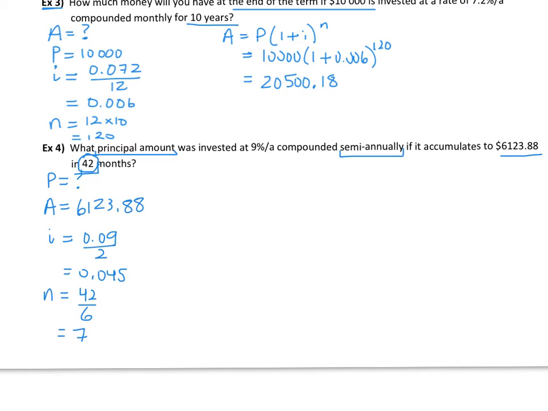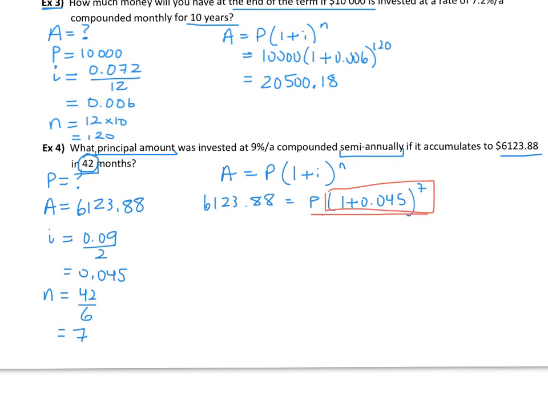I'm going to fill in my formula with what I know. And then we're going to work on solving. So the A is what we know this time. So that makes this question different. And we want to solve for the P. We're going to have 1 plus 0.045 here to the exponent of 7. Now to get P by itself, it's being multiplied by all of this part here.